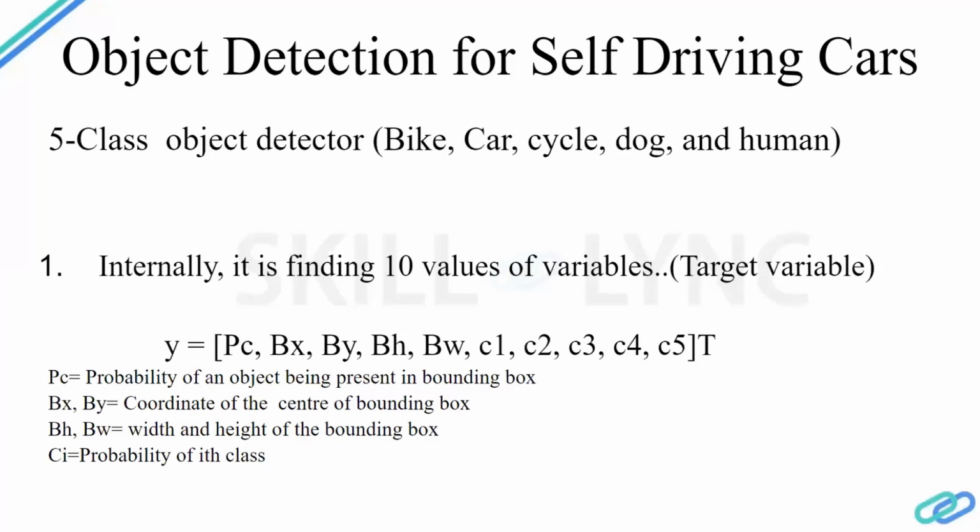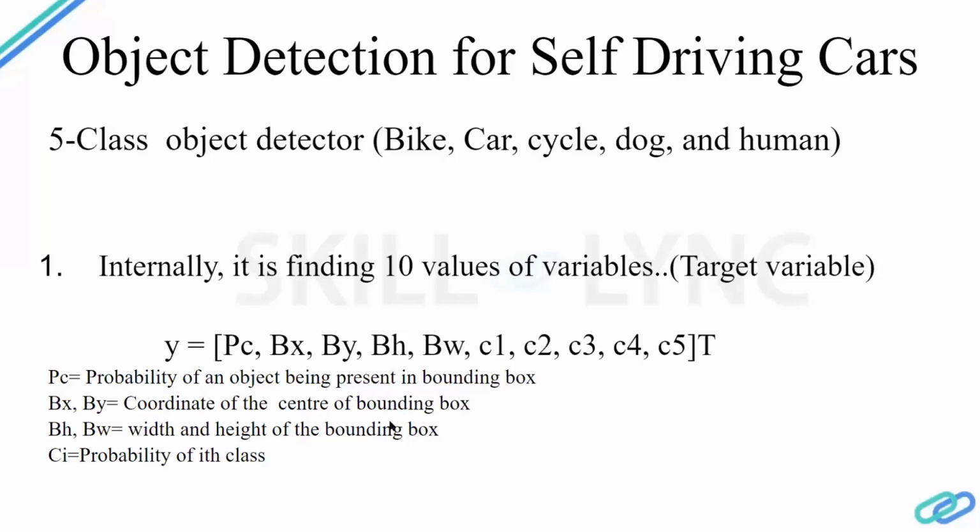And then once the bounding boxes are created, that part will be used for the classification. So inherently we are using classification techniques with the localization, because once those bounding boxes are created, we have to classify whether this is a bike, car or cycle, whatever.